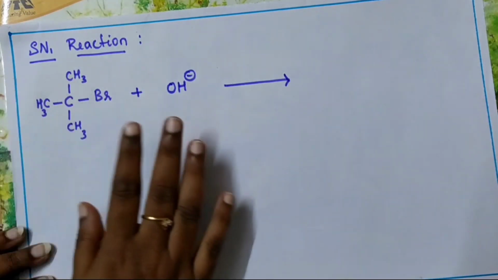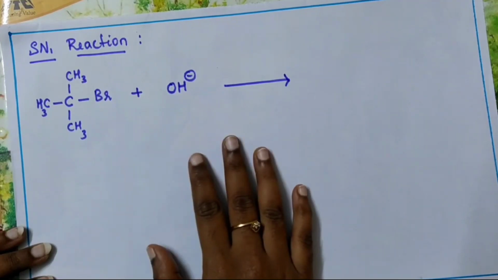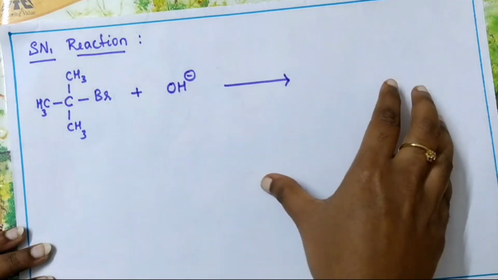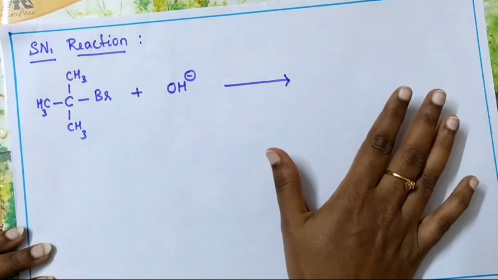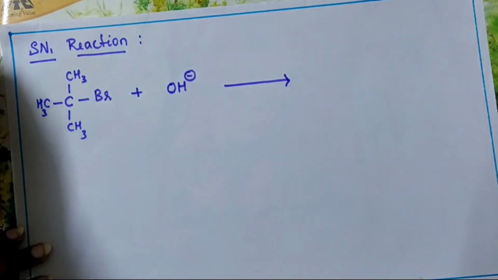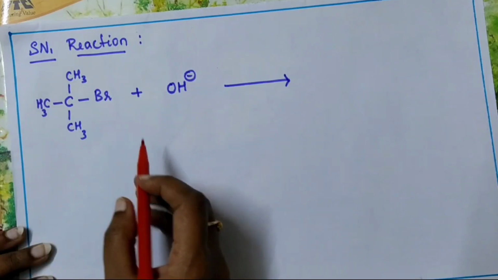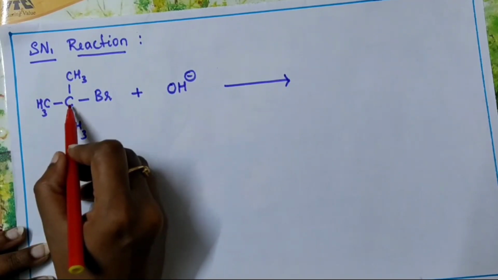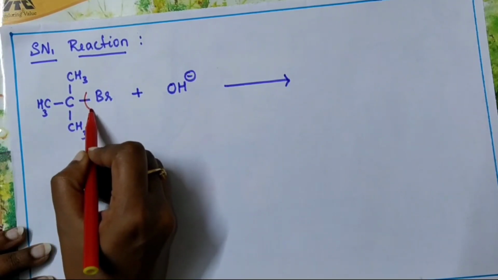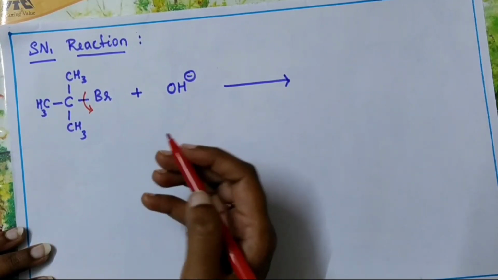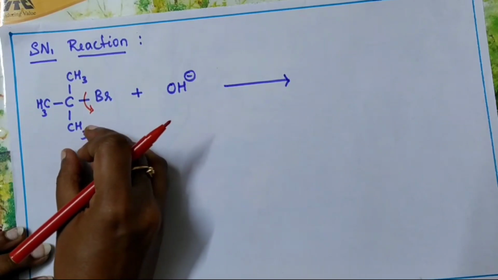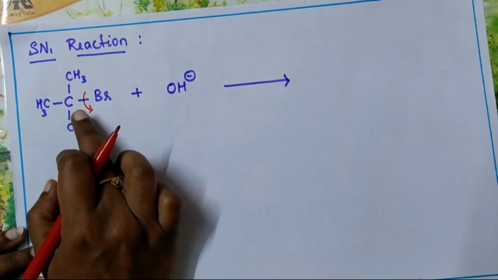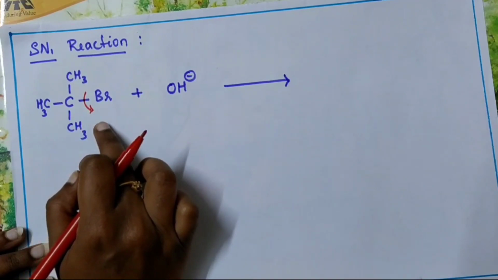This is a general reaction, guys. We are not writing the mechanism yet. So we are going to write the reaction in only one step because it is not a mechanism, just a general reaction. Okay. How the reaction will take place is, first the bond between this bromine and carbon will break. When you react this alkyl halide with the nucleophile, first the bond between carbon and bromine is going to break.